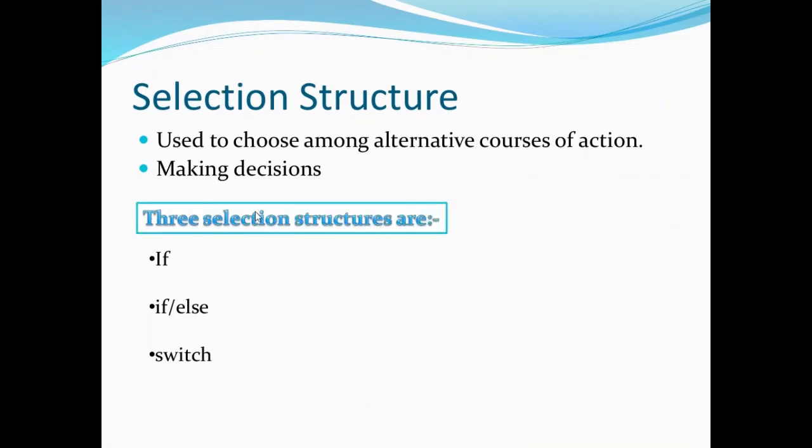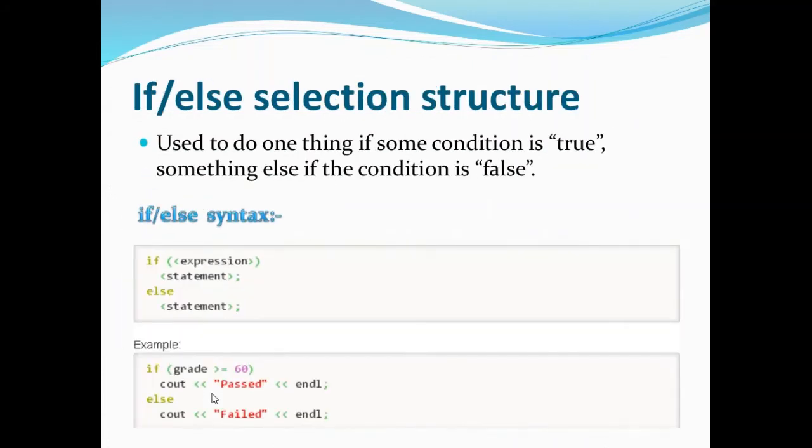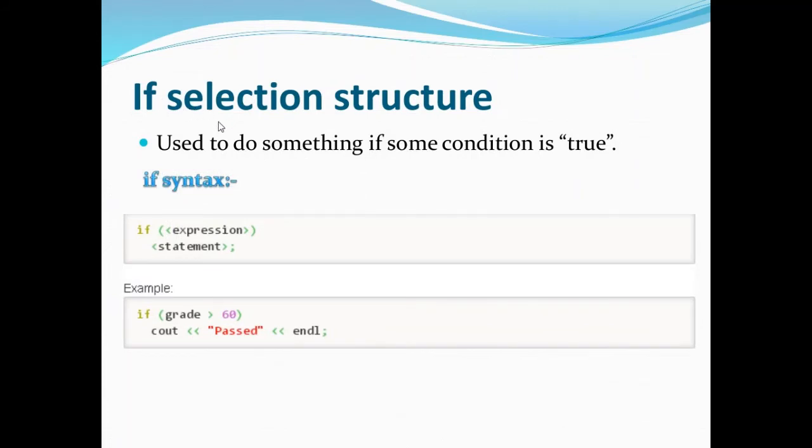Selection structure is used to choose among alternative courses of action, making decisions. There are three selection structures: if, if else, and switch. Moving on to the if selection structure, used to do something if some condition is true.